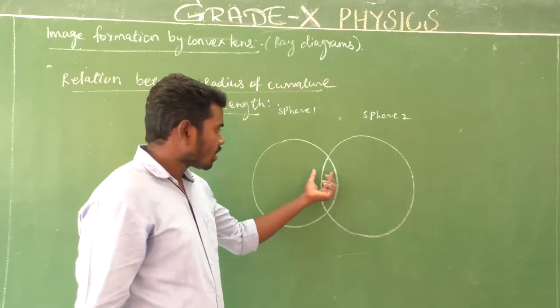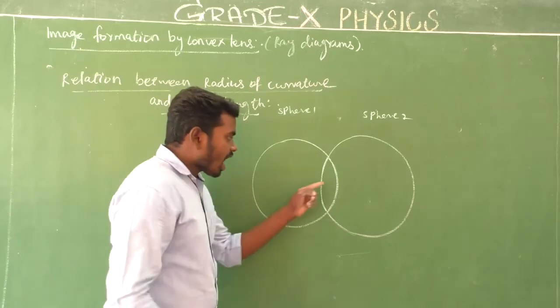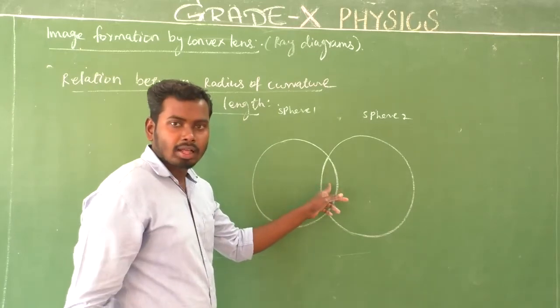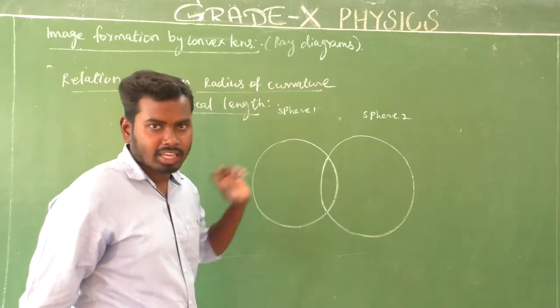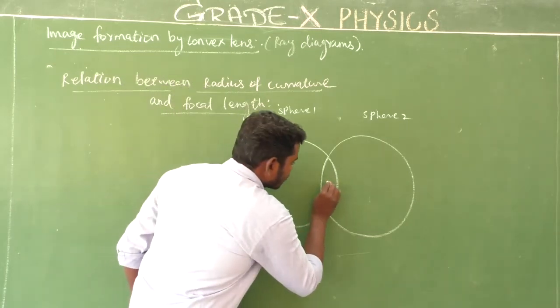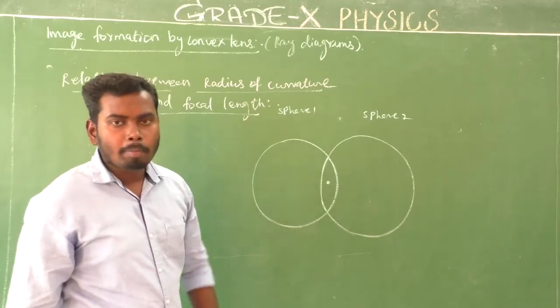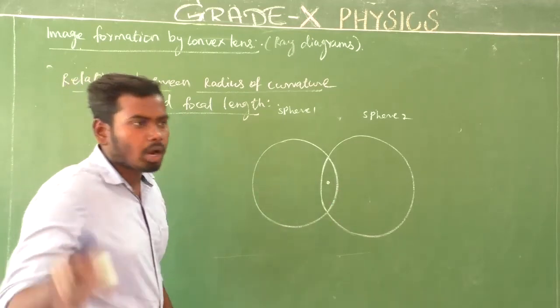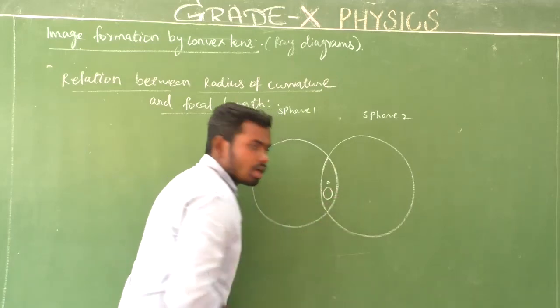This convex lens has a center, the optical center. The center point of the convex lens is the optical center, denoted by the letter capital O.